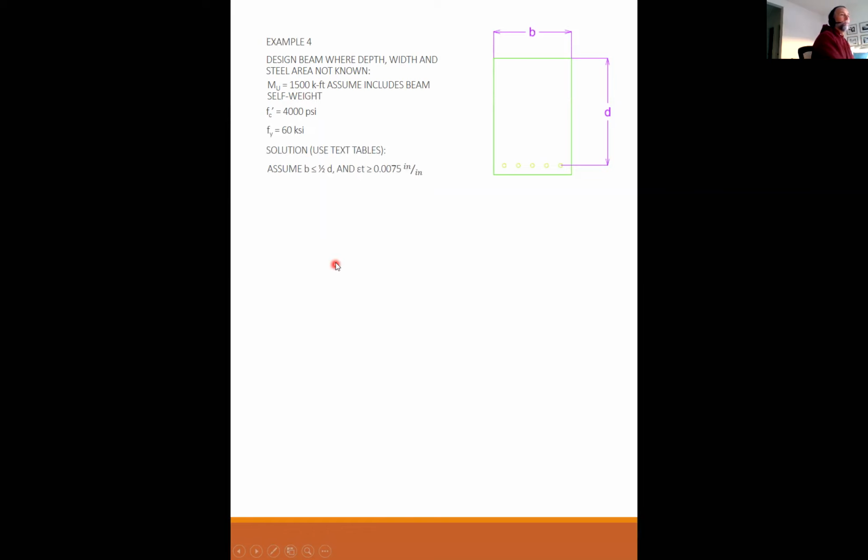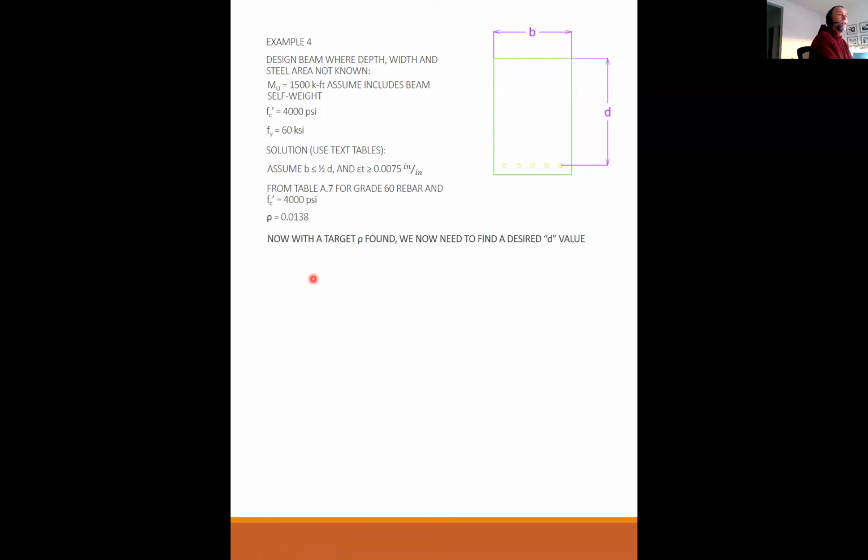My solution, I want B to be equal to or less than half a D, and epsilon sub T is targeting 0.0075 again. From the table A7 for grade 60 rebar and F prime C equal 4000, at 0.0075, rho will be 0.0138.